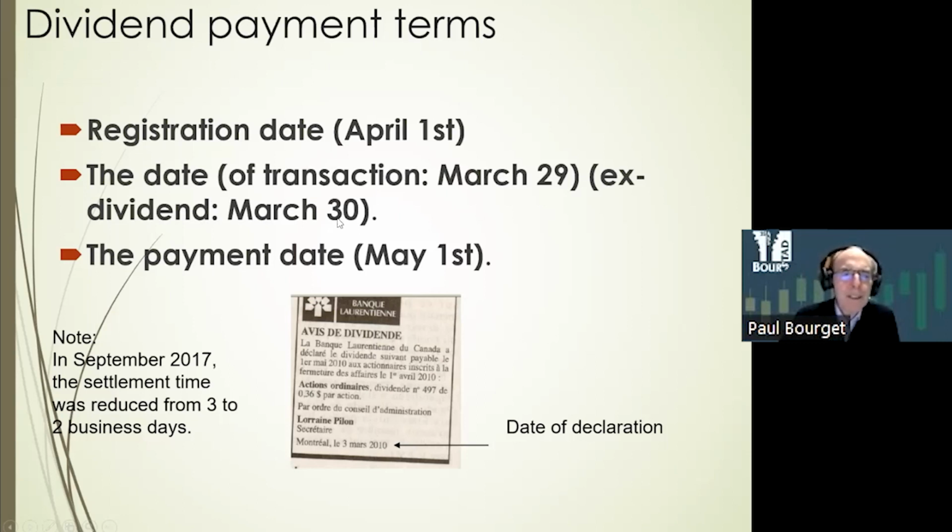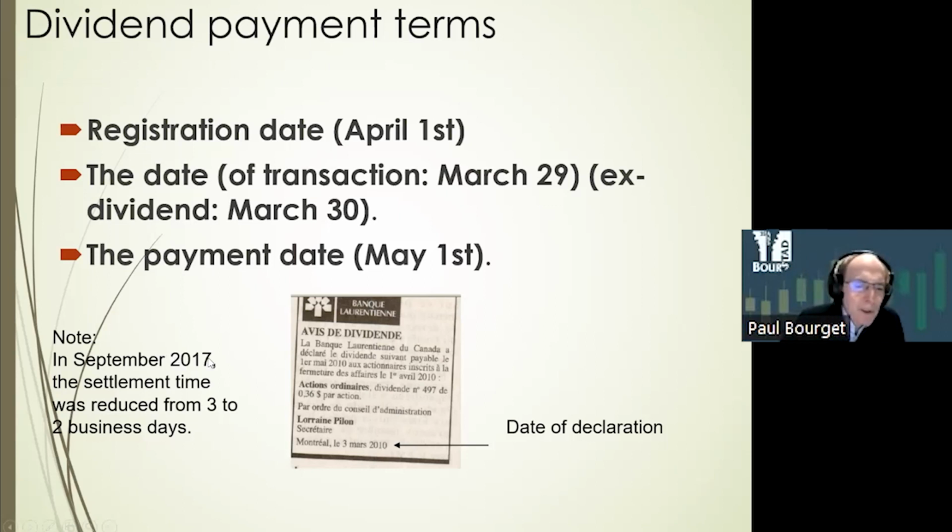Okay, so ex-dividend is March 30, but the last date you had to own the stock was March 29. You had to own the stocks on March 29 to effectively get the dividend. Those that buy the stock on March 30 do not get the dividend. And the payment date is May the 1st.